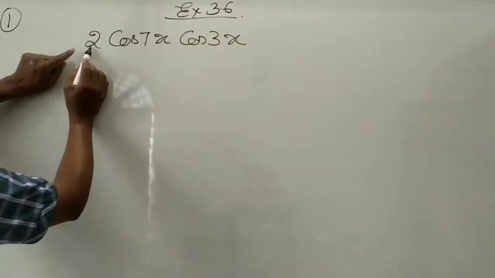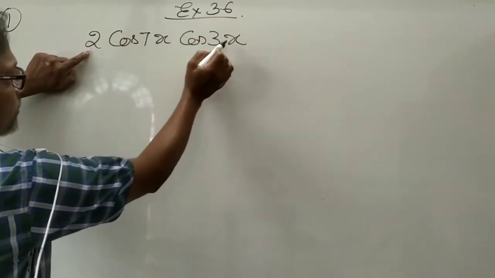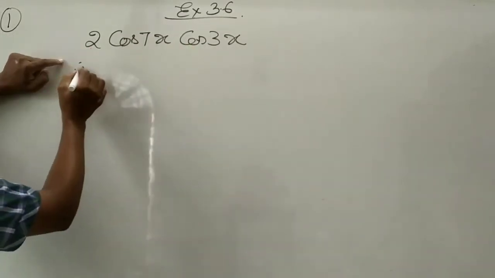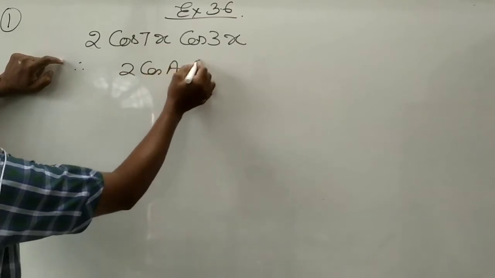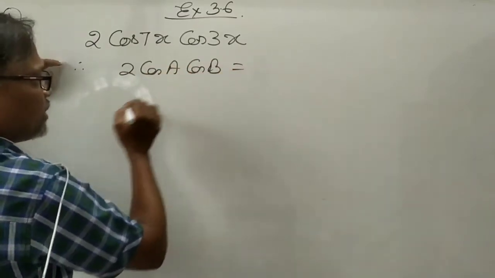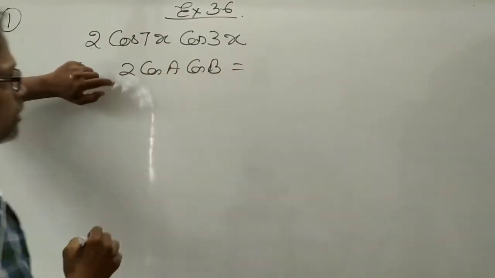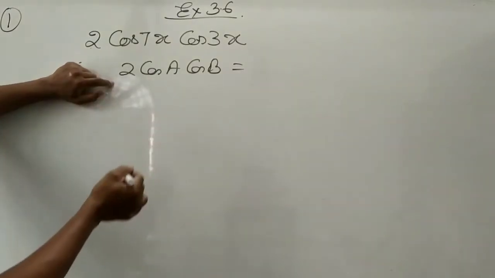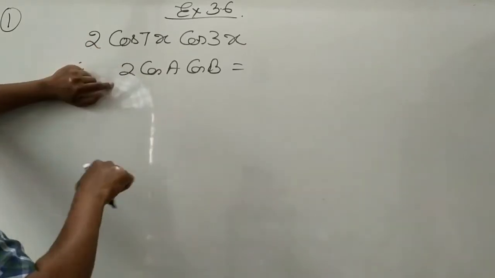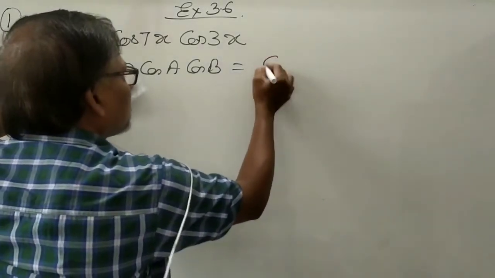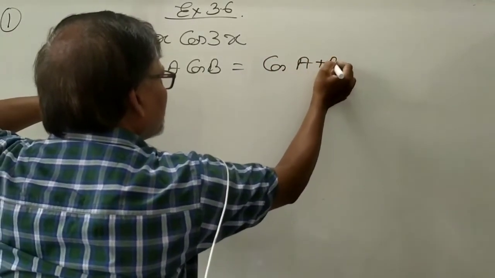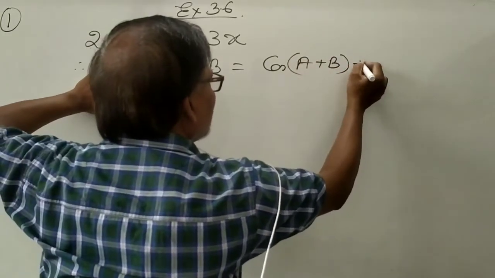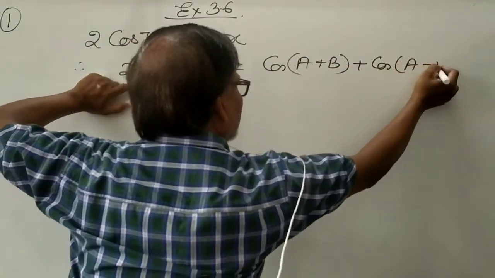तो जैसे ये 2 cos A cos B, मतलब कौन सा फॉर्मूला लगे. If you write the formula that will be very easy for you to learn, means you can learn simultaneously. जिस समय लिखते हैं उस समय याद भी हो जाता है. तो 2 cos A cos B is equal to cos (A plus B) plus cos (A minus B).